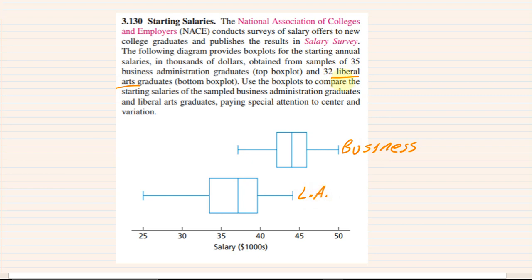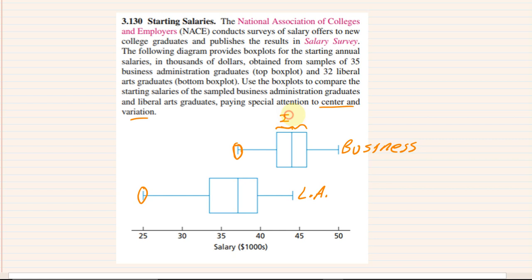Now the question reads, use the box plots to compare starting salaries. That's a starting salary, right? Minimum is a starting salary of the graduates in the two disciplines, two fields, and then pay special attention to center and variation.